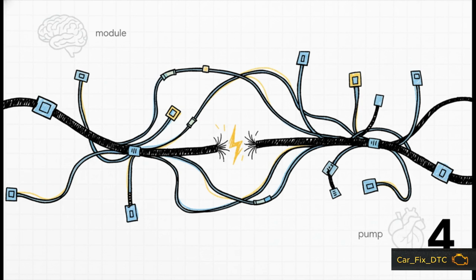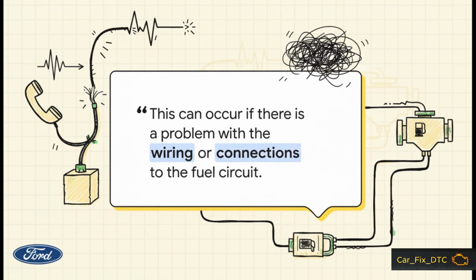Our final suspect is a little more elusive, a general electrical issue. Now, this isn't about one single part, like the brain or the heart. This is about the nervous system that connects everything, the wiring and the connections. Think about it like a bad phone line. The module and the pump could both be perfectly healthy, but if the wire that connects them is damaged or frayed or corroded, the signal gets garbled.